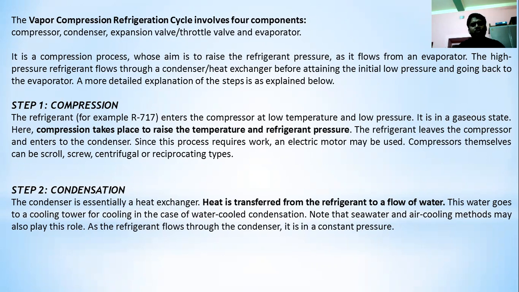As the refrigerant flows through the condenser, it is at constant pressure. From high temperature to low temperature, conversion is happening. That means there is no change in pressure, only a temperature drop.